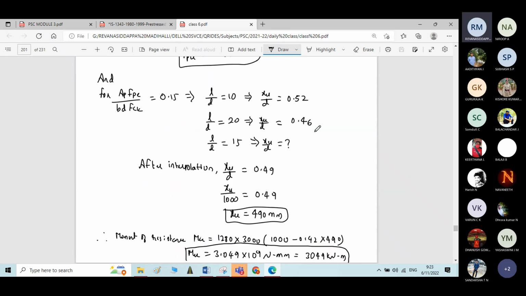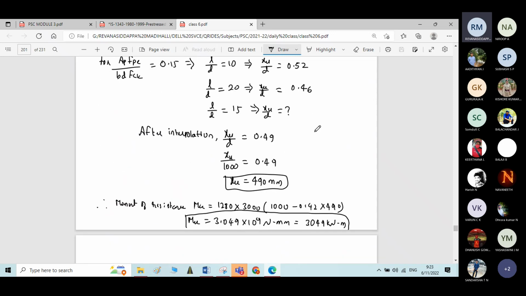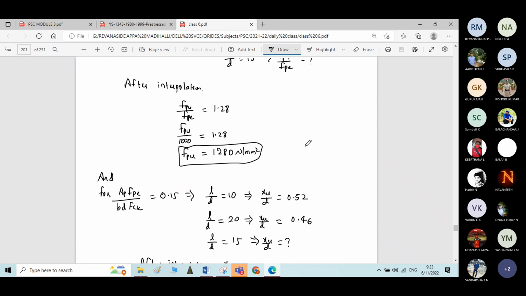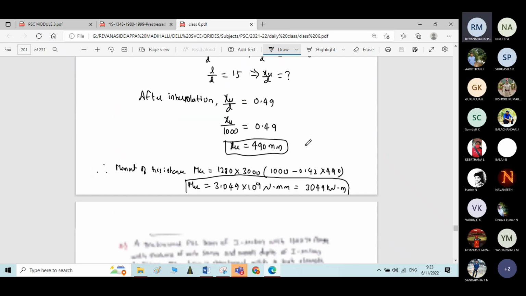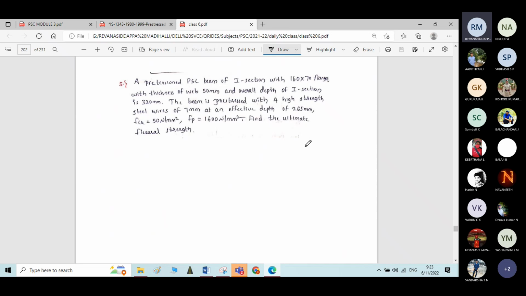So any doubts in this particular problem, you can ask, students, before moving on to the next problem. Thank you. All of you note this fifth problem quickly.